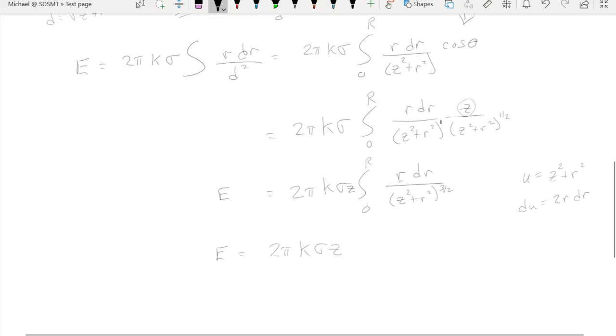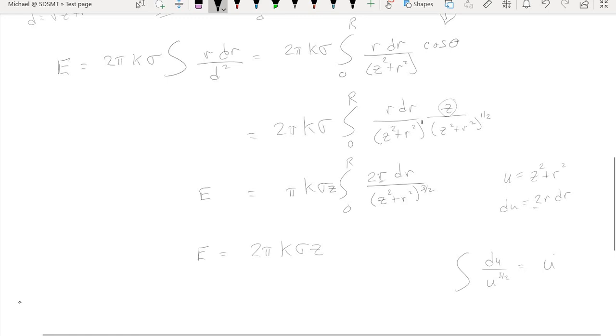We just need an extra 2, which, well, we can steal from the 2 that we had sitting out in front. And now what we have is the integral of du over u to the 3/2 power.